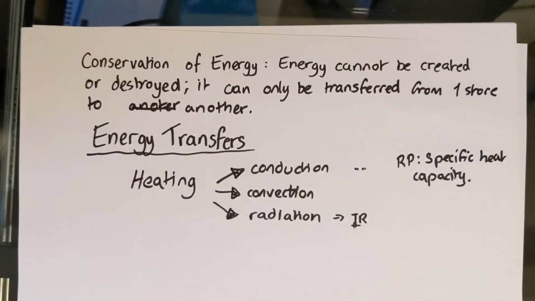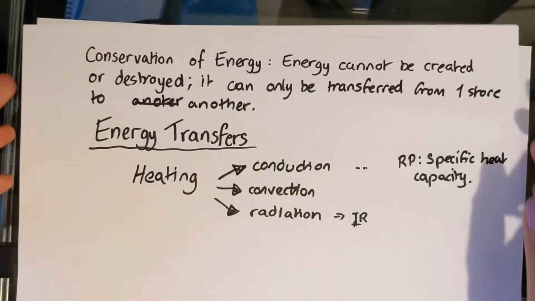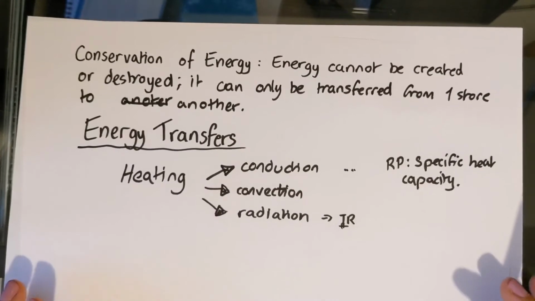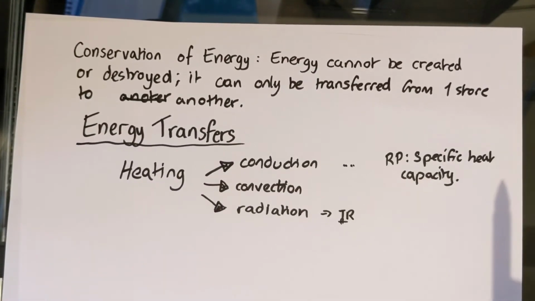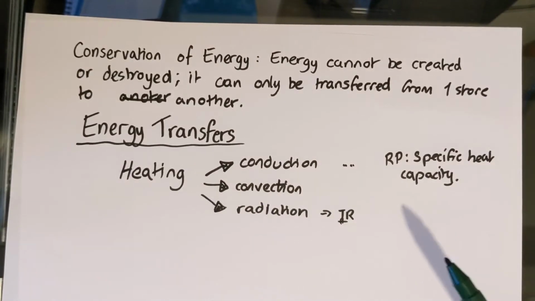So that is heating. You then go on to learn about how we get energy from fossil fuels into our home, or how we get energy at all into our homes. So that uses heating. So pretty much any old-fashioned way of generating electricity uses heating.